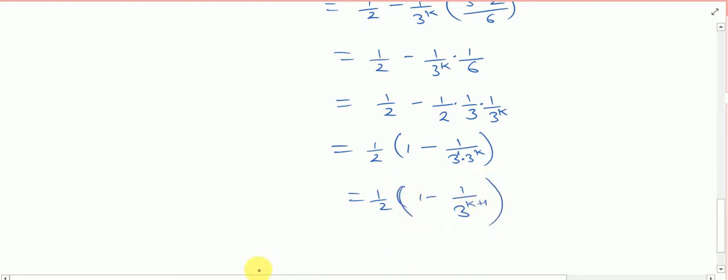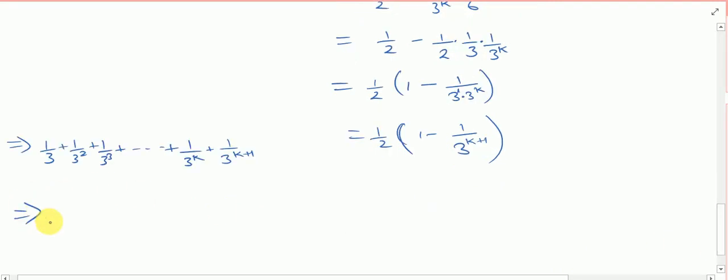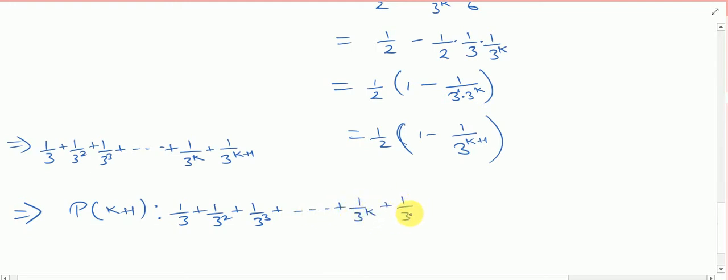So we got 1/3 + 1/3² + 1/3³ + ... + 1/3^k + 1/3^(k+1) equal to this much, and this is nothing but the statement Pk plus 1.